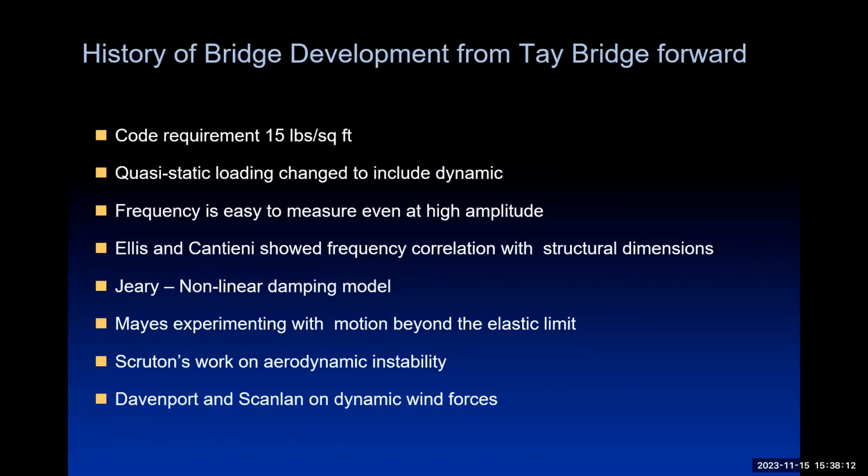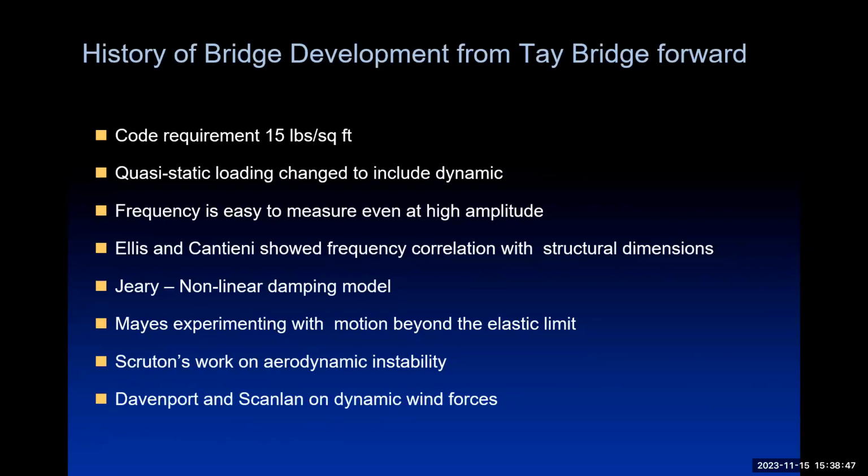There was work done by Ellis and Cantini, which showed that there was a frequency correlation with the structural dimensions. So as the bridge deck gets longer, then the natural frequency goes down. It's much more of a problem than it is with tall buildings. You get down to extremely low frequencies with bridges much more easily than you do with tall buildings. At least at the moment we do.